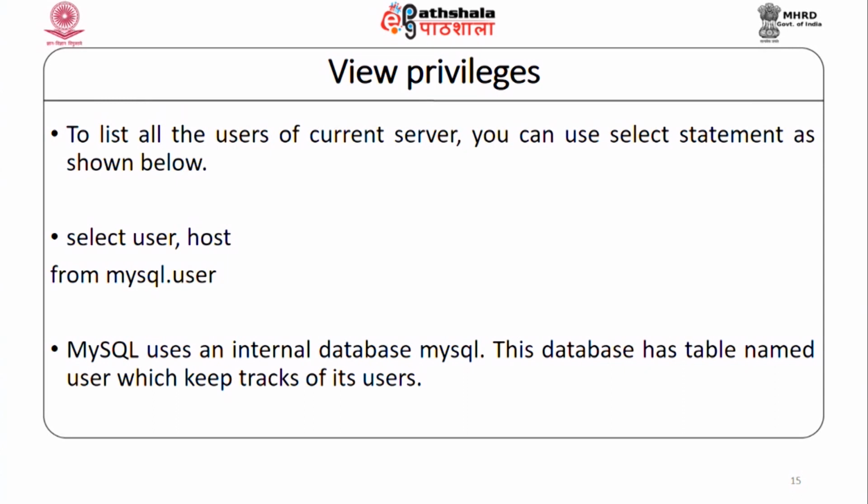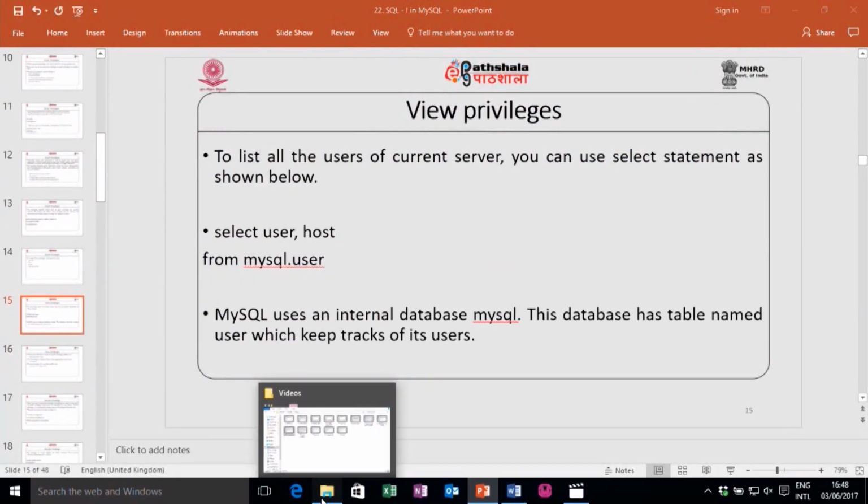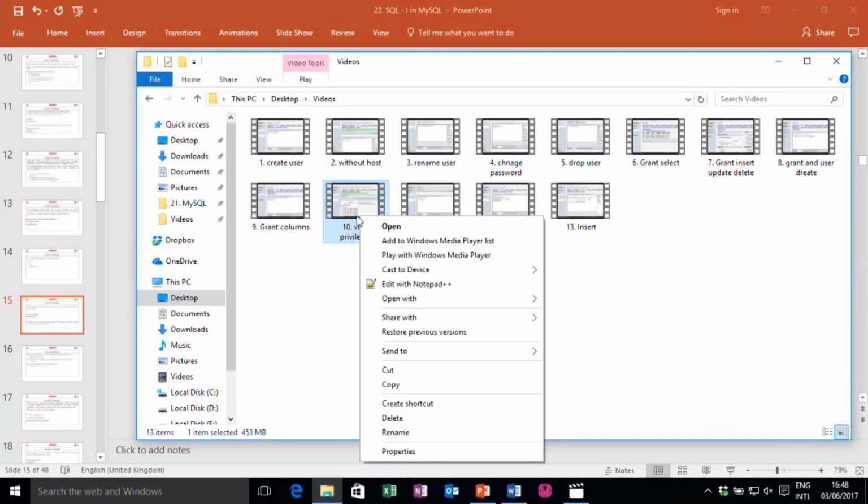So, mysql is MySQL's database, and this database has a user table. You can check users by using that syntax. It has two columns, user and host, which keep track of which user. I will show you how to view privileges.